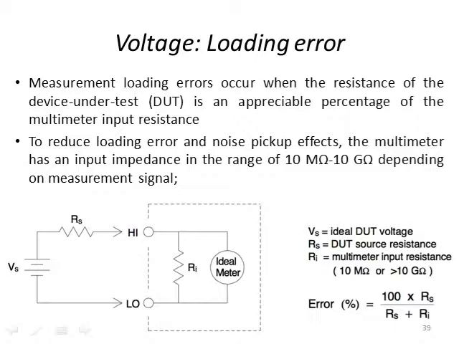So there's a balance between a large Ri and the noise that you can generate by making a really huge 10 gigaohm input impedance. But in general, you want to choose Ri large so that your error that you measure between high and low is as small as possible. And you remember that from one of your homeworks when we calculated error for instrumentation.